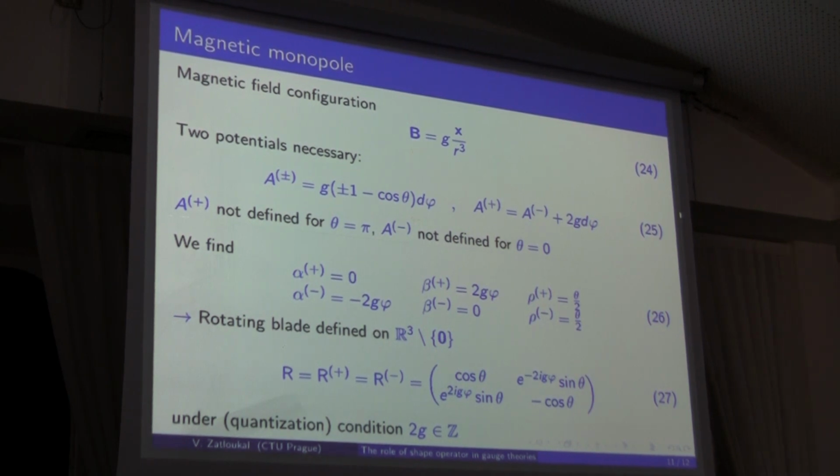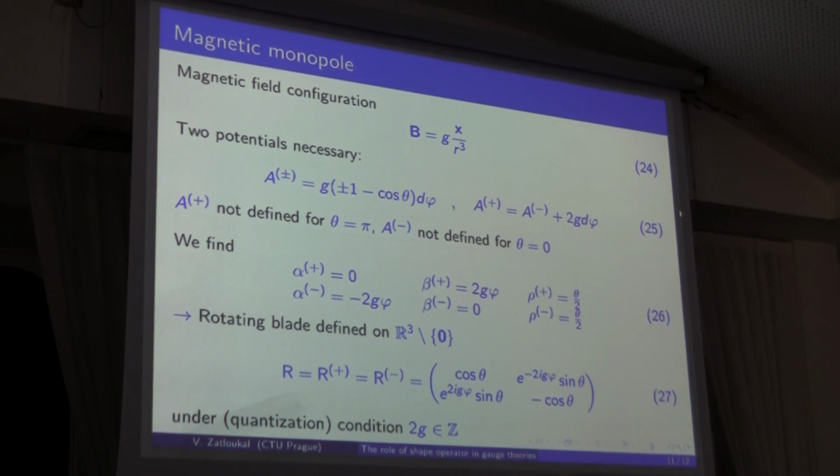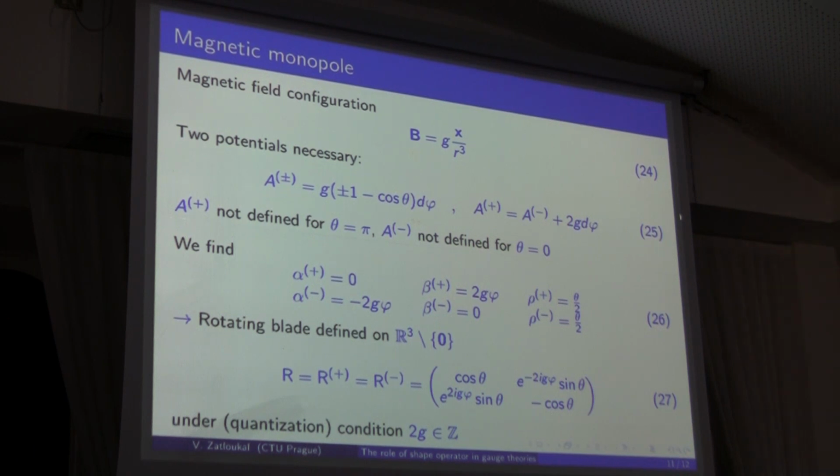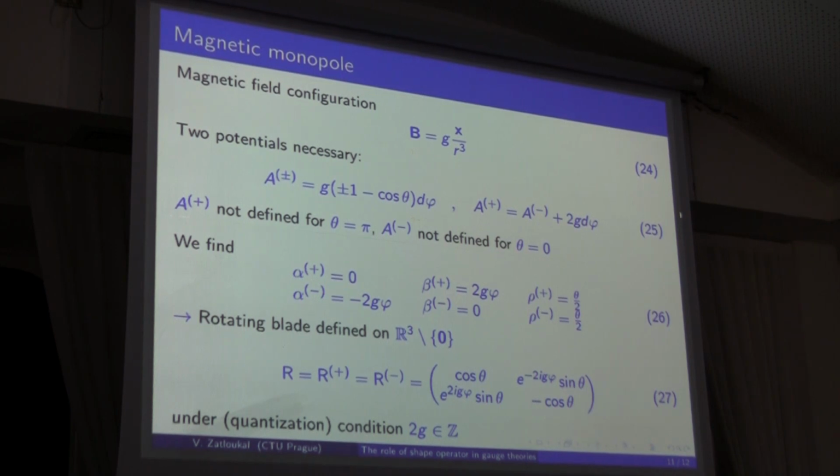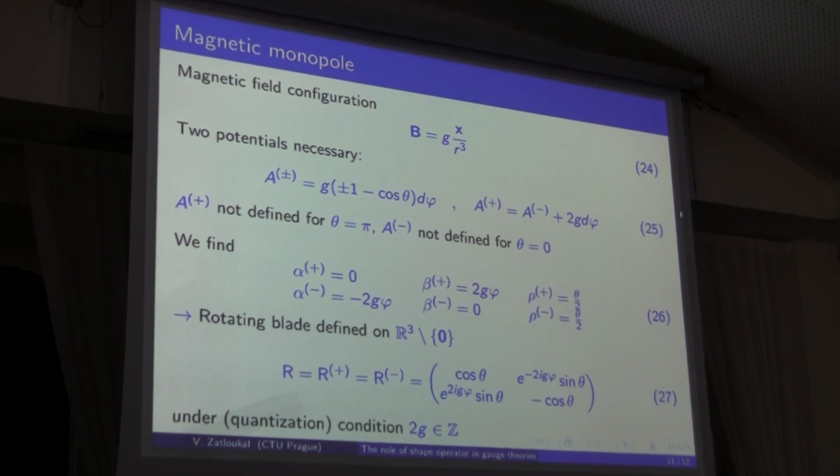It is well known that in order to describe it, we need two patches which overlap, and in the traditional approach we need two gauge potentials defined on each of those patches separately, and on the overlap of the patches, the gauge potentials are related by a gauge transformation. One of the potentials is not defined for positive z-axis, the other is not defined on the negative z-axis. So that's the monopole bundle.